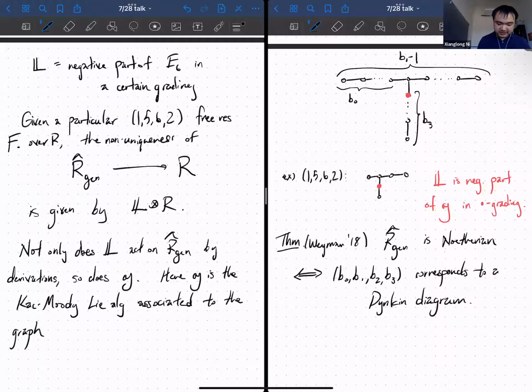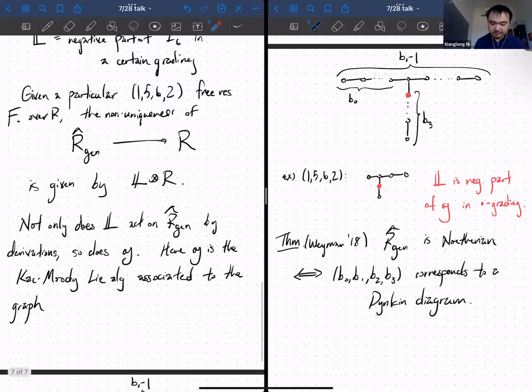Okay, but now let's return to this idea, which is that I have the action of this Lie algebra G on this generic ring constructed by Weyman.